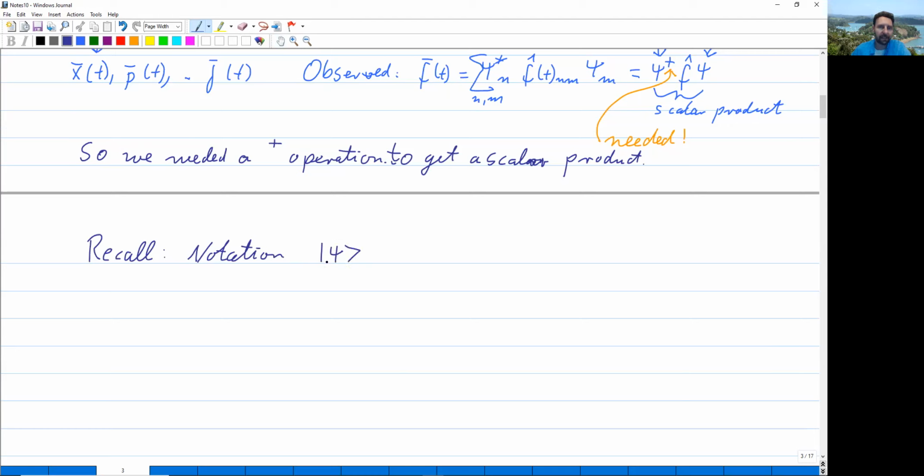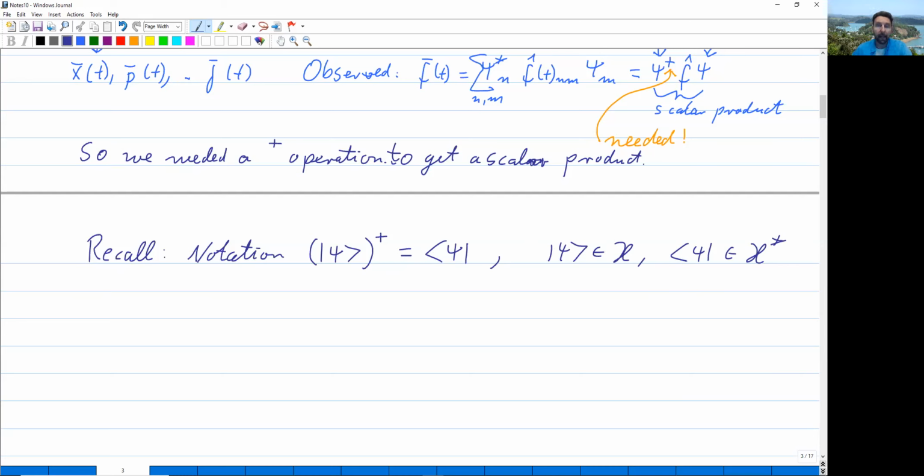So if this is a vector in our vector space, then we can take the Hermitian conjugate of it, and this we chose to give the name psi within a bra rather than a ket. So here we have that psi is an element of our vector space, and psi as a bra is an element of the dual vector space.